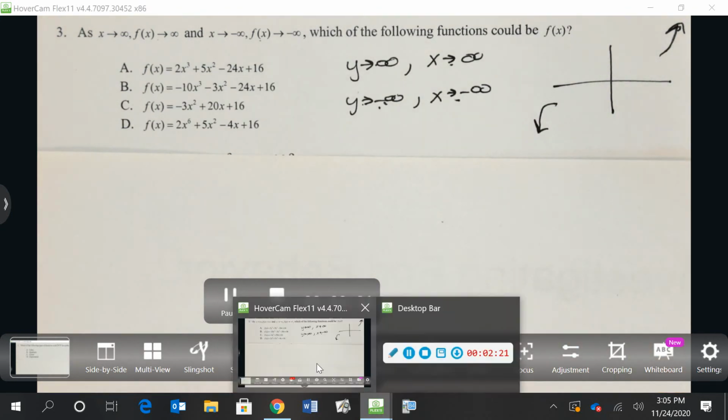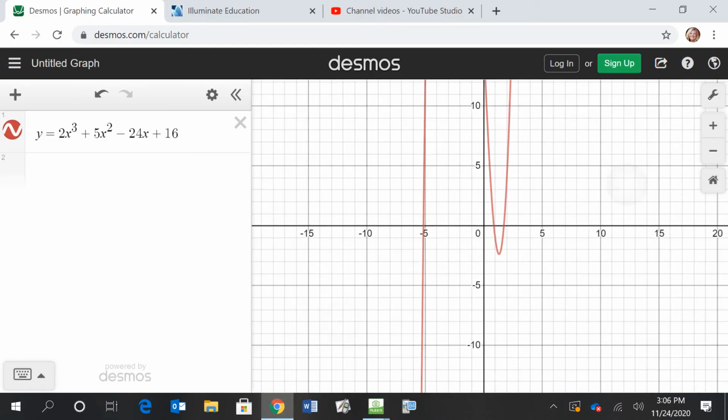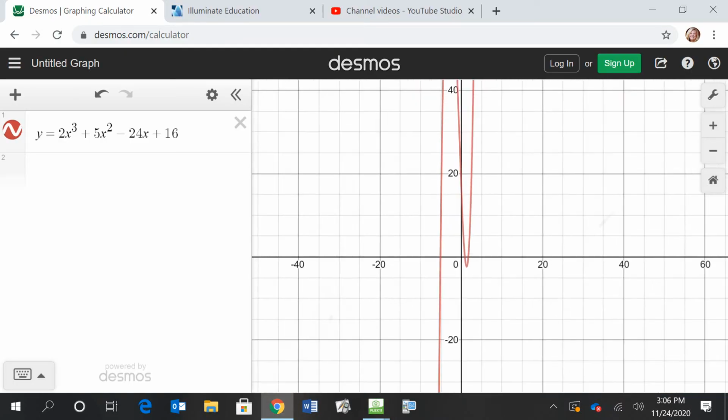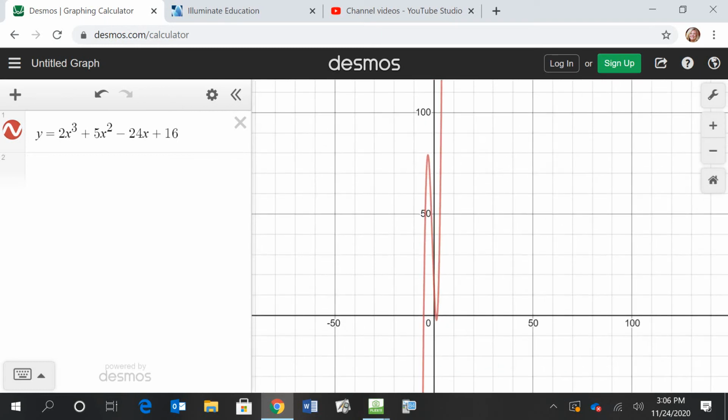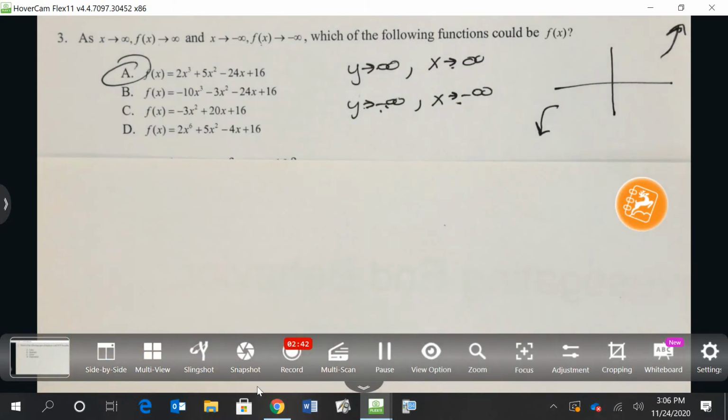So I typed in the first function into Desmos, and this is what it looks like. If I make this a little bit smaller, I can see that on the right-hand side, it's heading up. It almost looks like it's going vertical, but it is slightly still diagonal. So it's heading up on the right, and heading down on the left, which makes the correct answer A, and I never had to take time to plug in the rest of the answers.